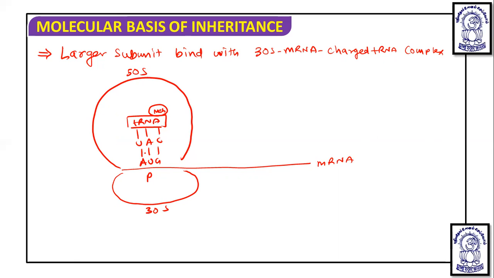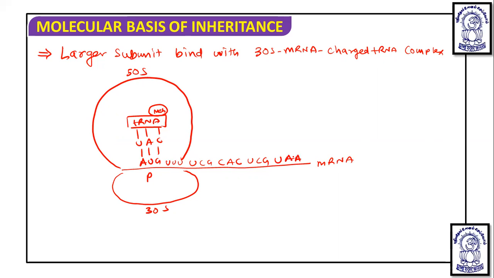Now after this, chain elongation will occur. In chain elongation, we need to read whatever codons are given after this AUG. Suppose here UUU is given, UCG is given, CAC is given, UCG is given, like this, and later on UAA is given.